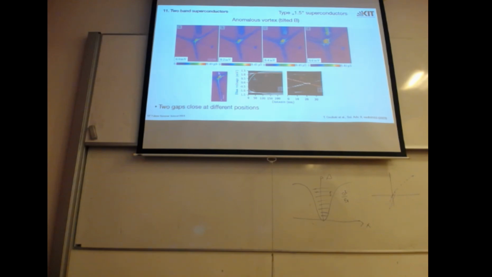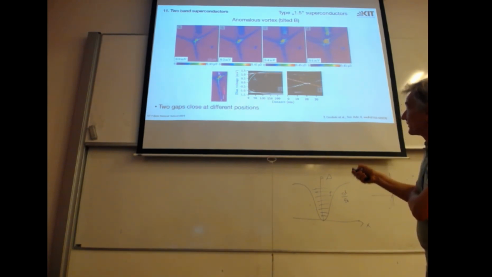So by just changing the magnetic field a little bit, I can distort the vortex and change the splitting of those states. They are not centered on top of each other, because the dispersion is different and the applied magnetic field is in a strange direction, which is not along the crystal axis.